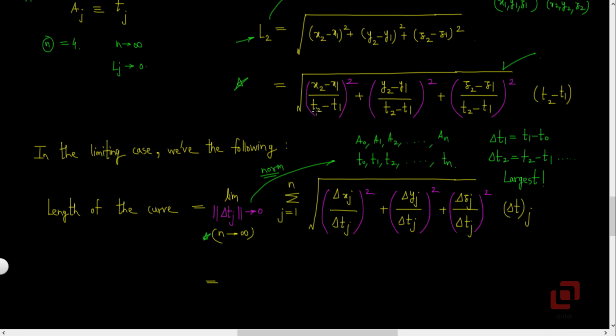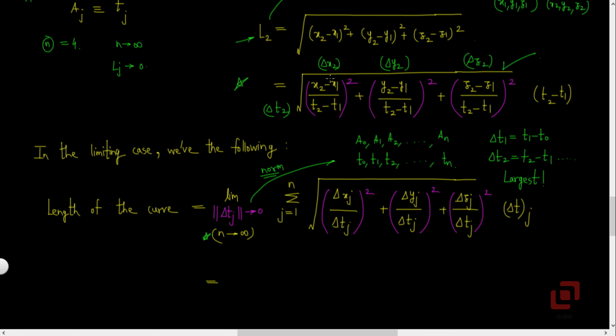In other words, T2 minus T1 will represent delta T2 as already discussed here. X2 minus X1 will be delta X2. Y2 minus Y1 will be delta Y2. And similarly, Z2 minus Z1 will be delta Z2.